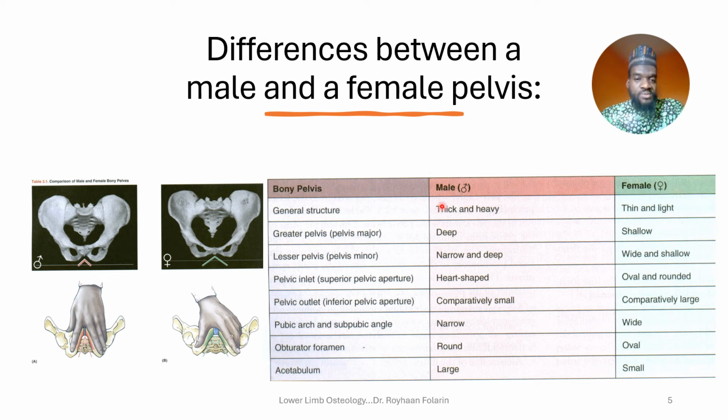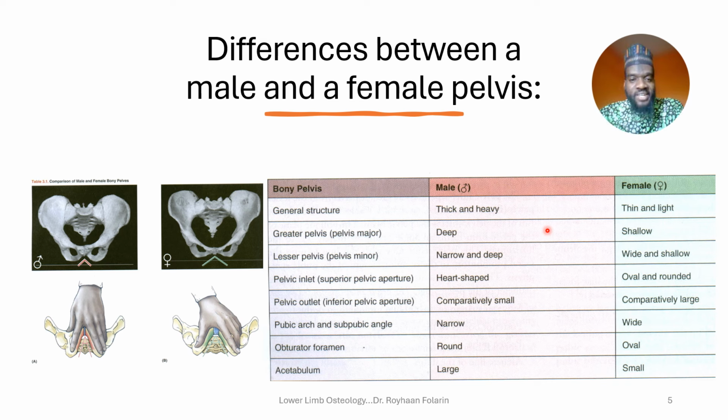So generally, the male pelvis is thicker and heavier, while the female pelvis is thinner and lighter. You need to see both to be able to appreciate the difference. You don't appreciate what is thick until you see what is thinner.